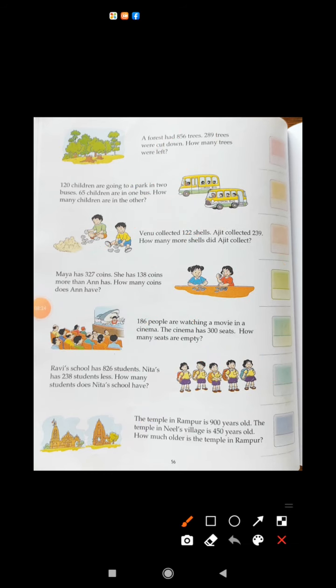Now next question. 120 children are going to a park in 2 buses. 65 are in one bus. How many children are there in the other? So what will you do? You have to subtract. From 120, you have to subtract 65.